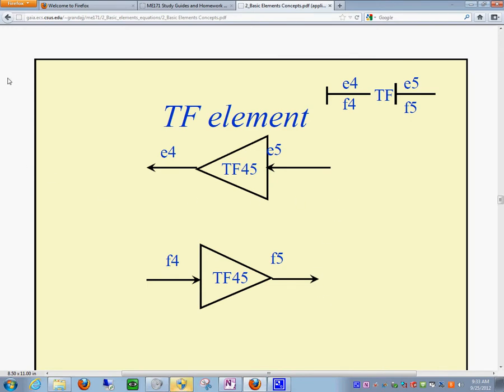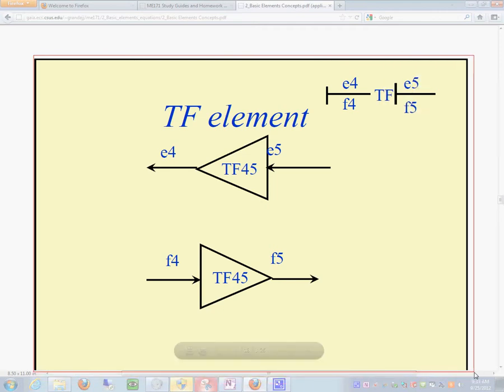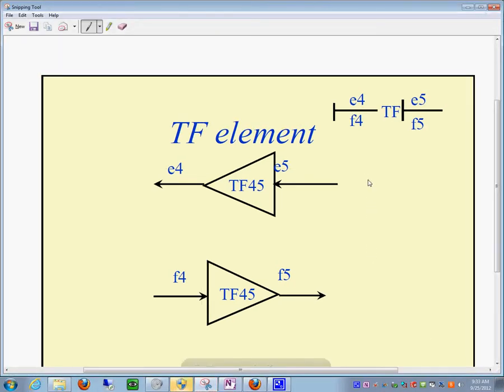So let me see if we could make some notes and be able to write this hopefully in a good way. So here we go. If you go to the top, you say the input on the left hand side is E sub 4, right?